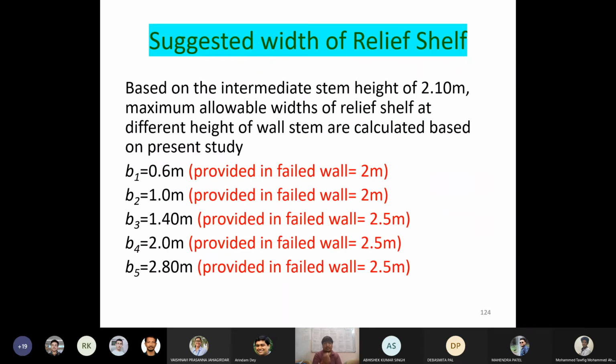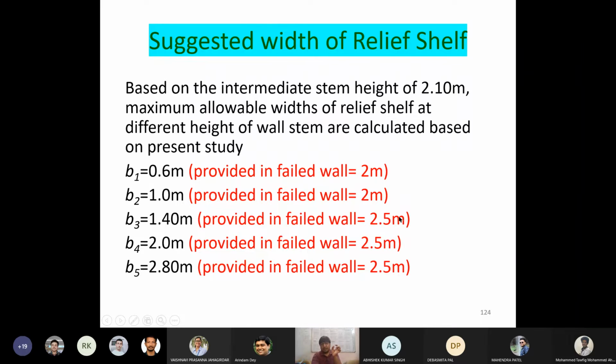Clubbing all these kinds of models, what we suggested is that instead of going for a very high width of relief shelf, we should use this configuration. B1 is the topmost width of relief shelf, and similarly, as you move down, this is the recommended width of relief shelf. However, in the failed wall, this much width was provided.